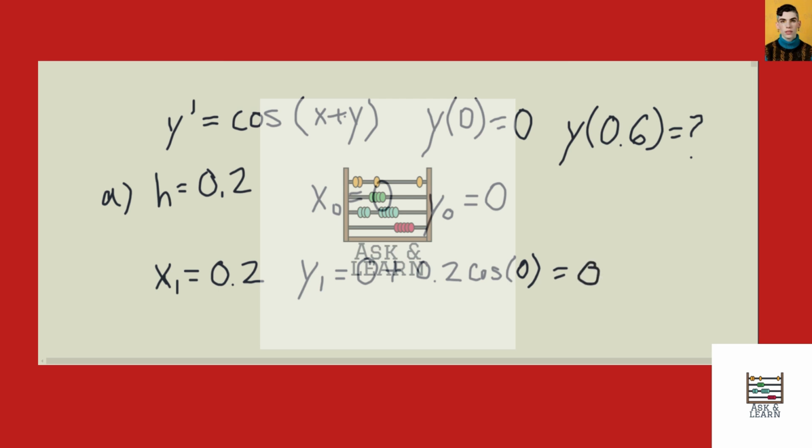So this is equal to 0.2. x2 is equal to x1 plus our step size, 0.4.